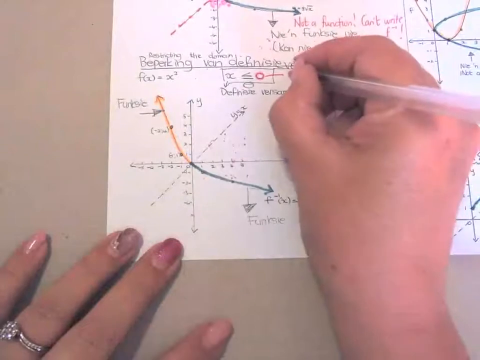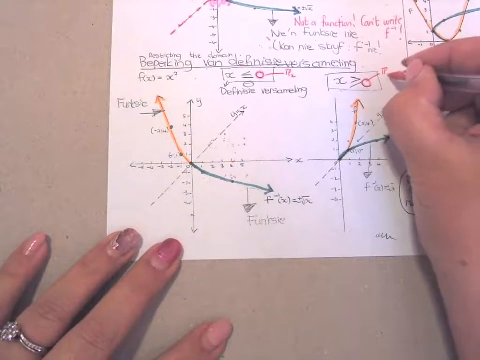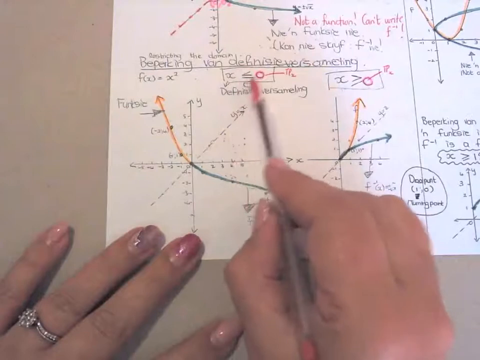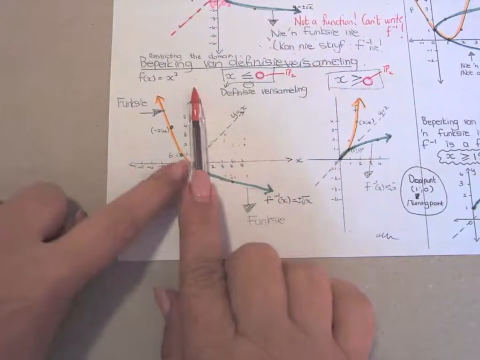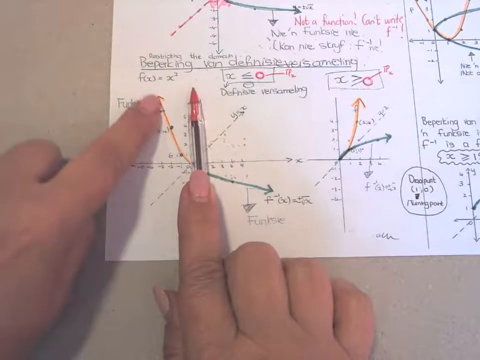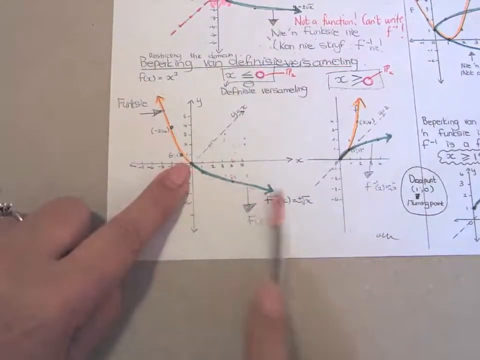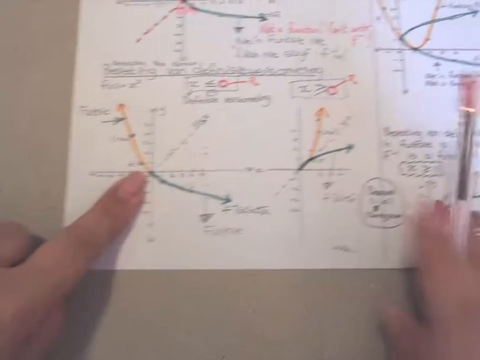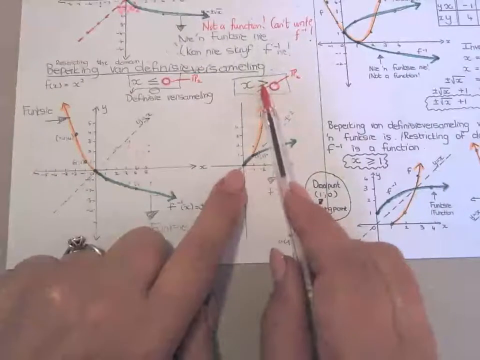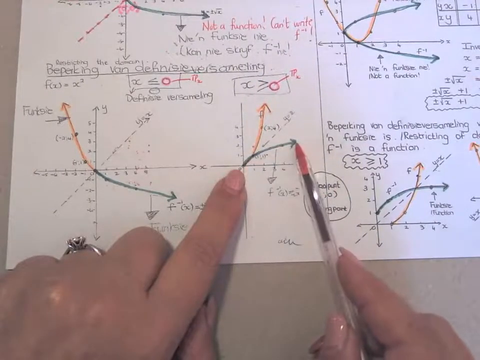So this is our turning point's x. If the x's are smaller or equal to 0, we only have this part of the normal function. And if we get the inverse of this leg of the parabola, it will be this one, and this is a function. However, if you look at the other leg, for x larger or equal to 0, the inverse function will look like this.